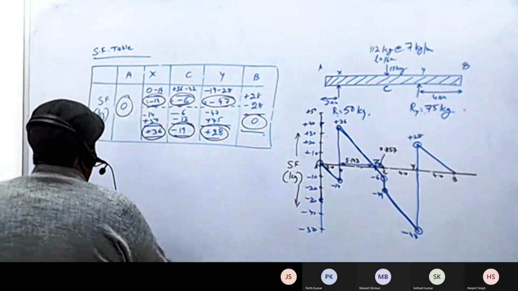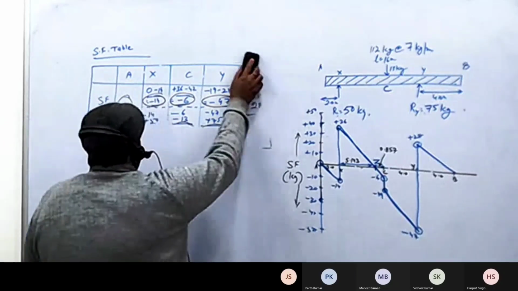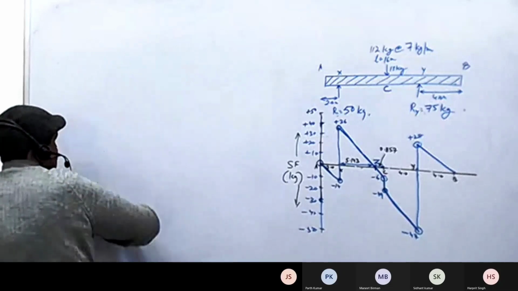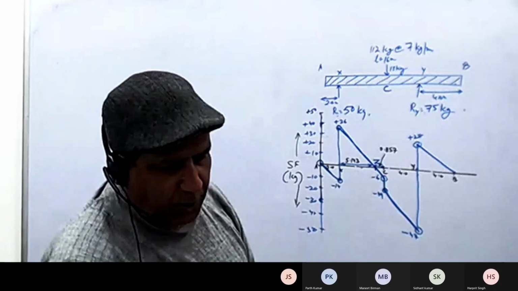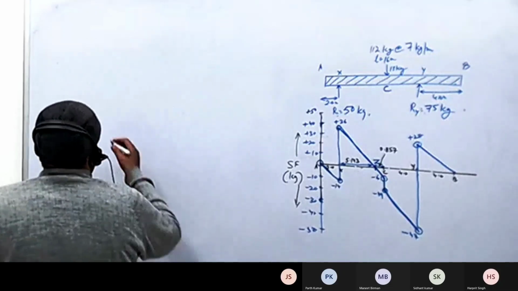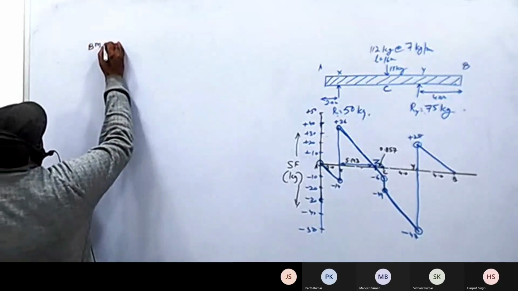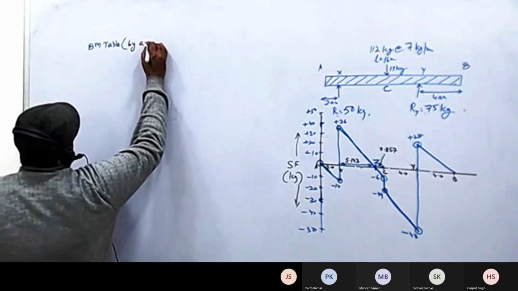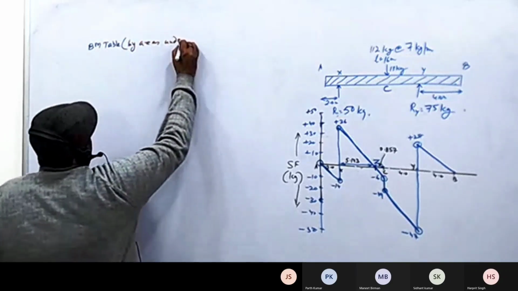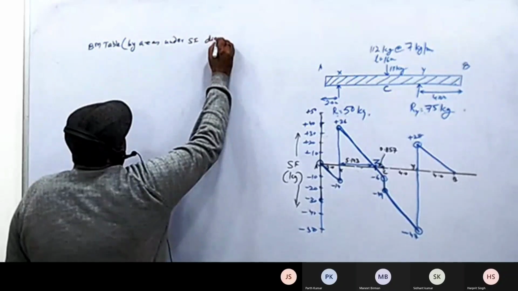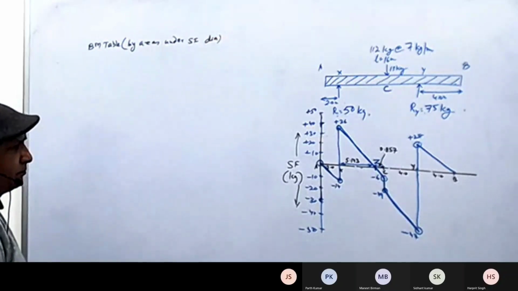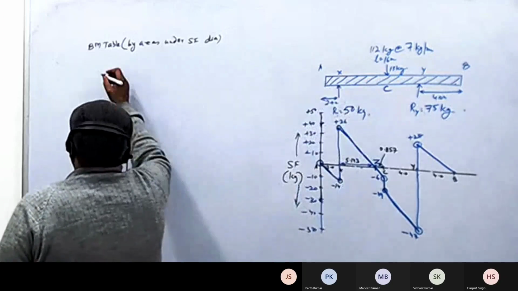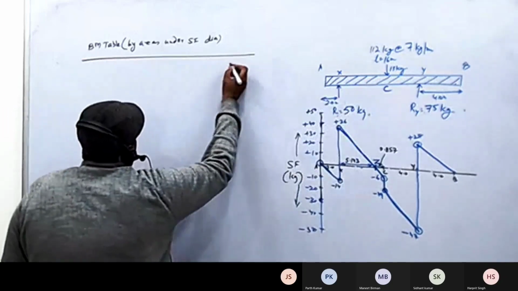Now we make the BM table for 6 points, including point Z, and we put them in the same order. Order is not to be jumbled up. In the BM table, BM is calculated by areas under the SF diagram. You need to calculate areas under the SF diagram and make this BM table.